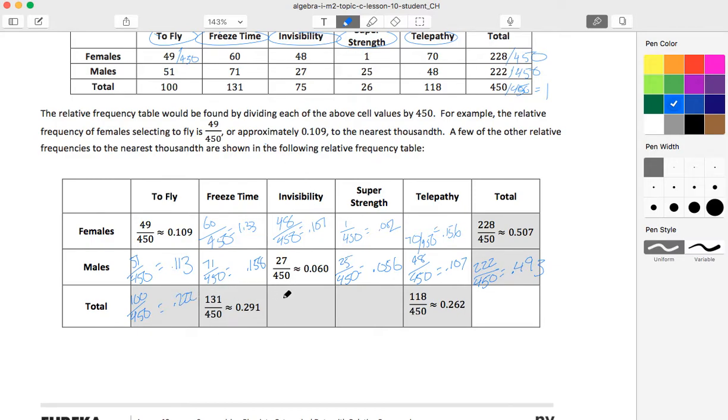This one's done for us. The total number of people who want to be invisible was 75 over 450, and that was equal to 0.167. The total number of people that wanted superhuman strength is 26 over 450. Ooh, it's a lot of numbers. But we're going to read this and make sense of it.